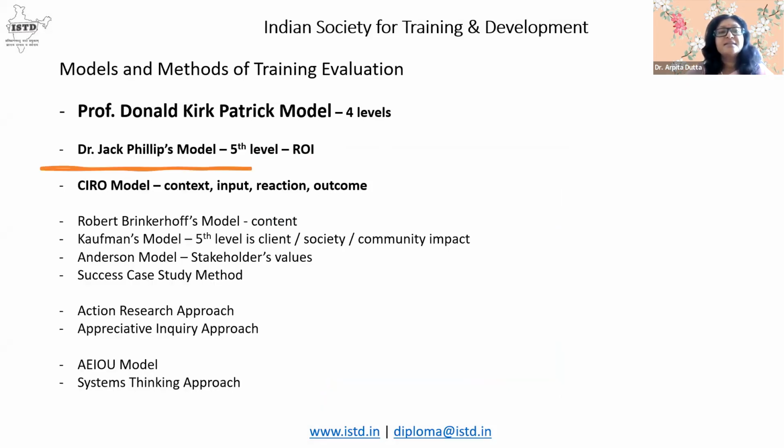All right, so these are the integrated models along with the base, which is the Kirkpatrick model that we are going to discuss: Dr. Jack Phillips model, CIRO model, context, input, reaction, and output. Robert Brinkerhoff model, which focuses mainly on content, how your content was. Okay, so there could be around 85 questions minimum to find the efficacy of the content of your training program.